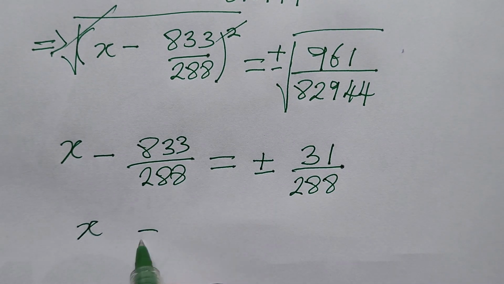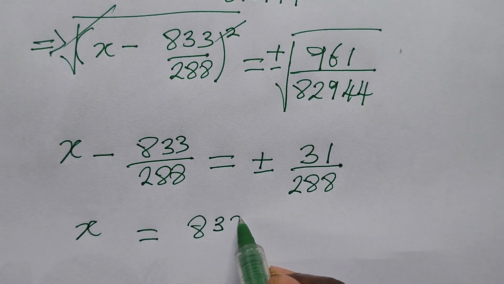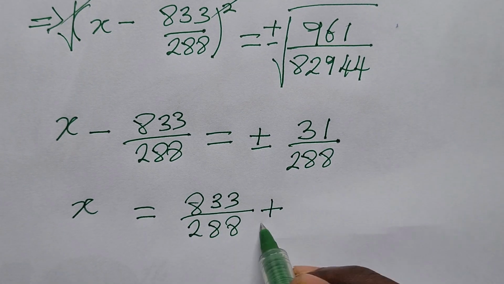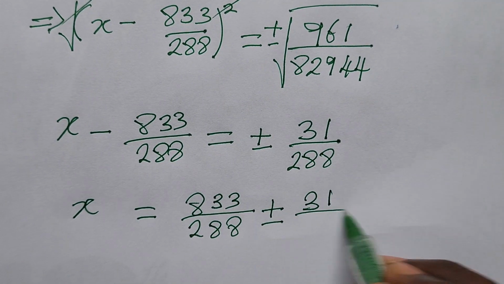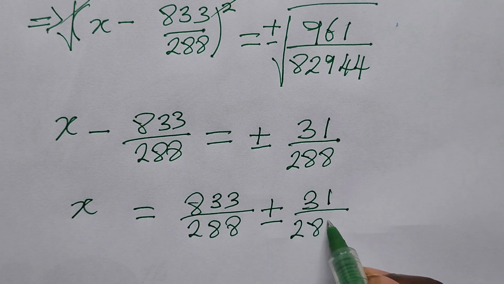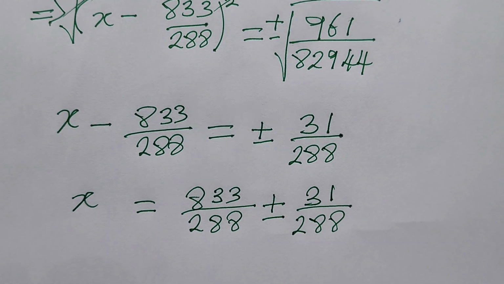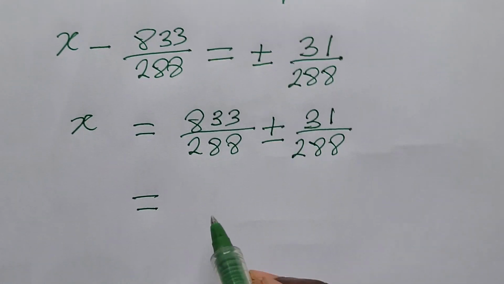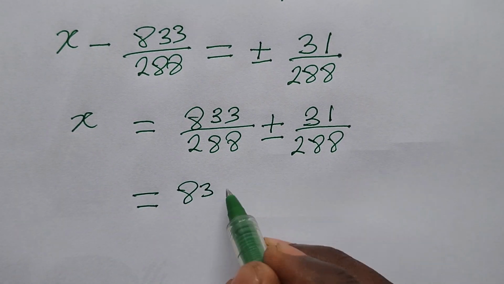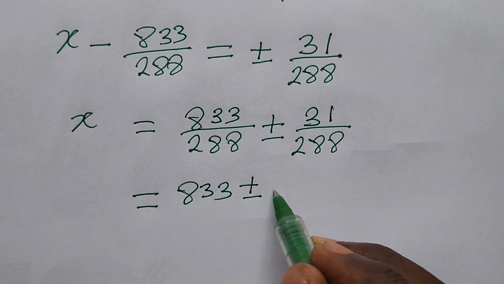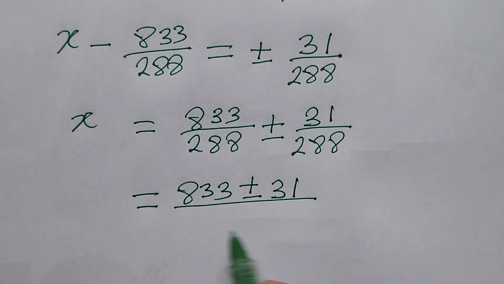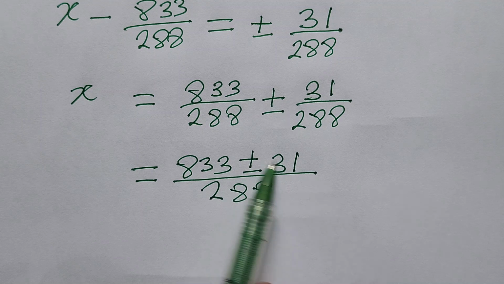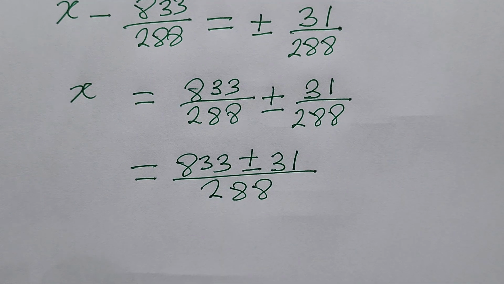So when I have x is equal to 833 all over 288 plus minus 31 all over 288. Wow. So they have a common LCM. So this will end up giving us our 833 plus minus 31 all over our 288. Okay, we have two solutions from here now. So let's go ahead and split this.